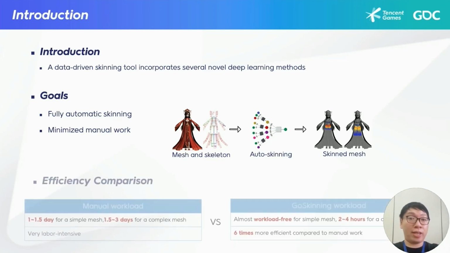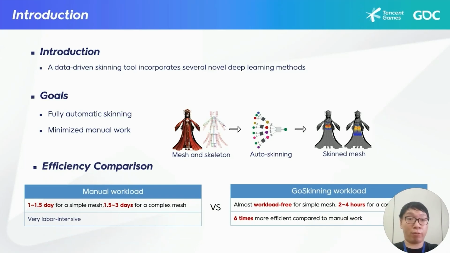Currently, GoSkinning is almost workload-free for simple meshes and takes only a few hours for complex meshes. In contrast, manual skinning takes a day for simple meshes and 1 to 3 days for complex meshes, making it labor-intensive. GoSkinning is 6 times more efficient than manual work. In the following slides, I will discuss how GoSkinning has achieved this.